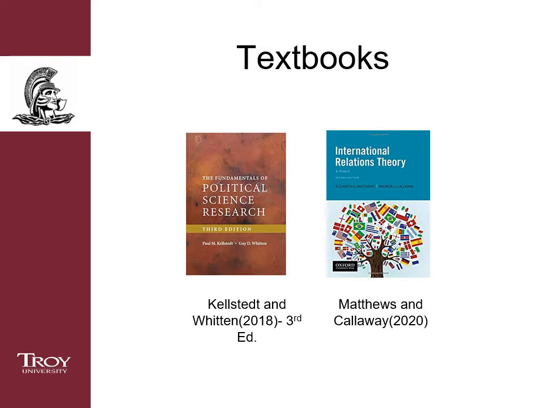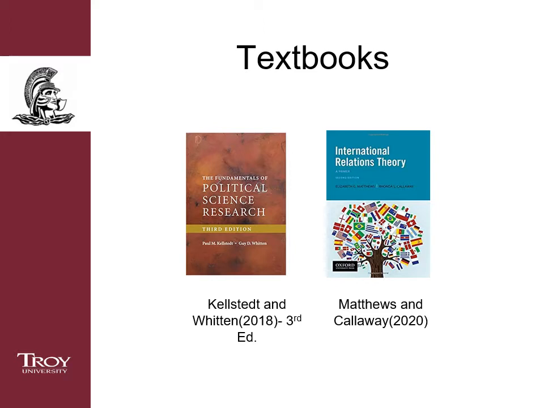Textbooks. We have these two textbooks. One is Kellstadt and Witten, which is a political science research methodology textbook. That one is meant to cover the scholarship, to talk about methods, how we do things, how we find things out. So that goes to that second objective, and it's also laying the foundation for doing research.